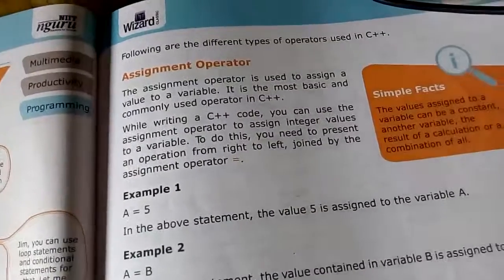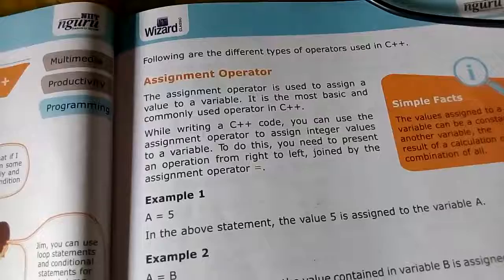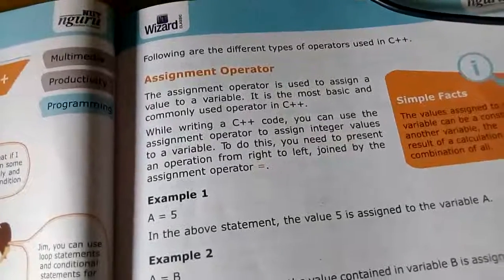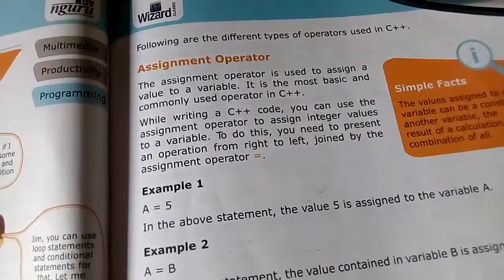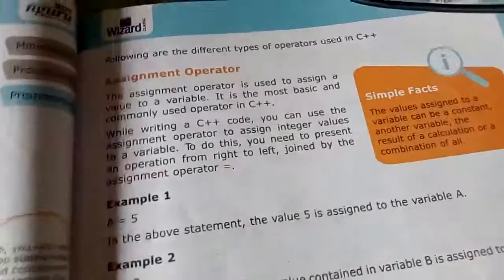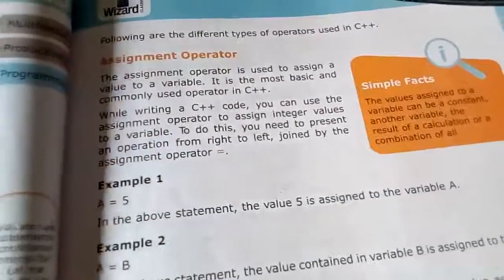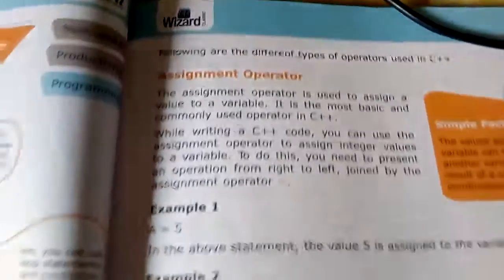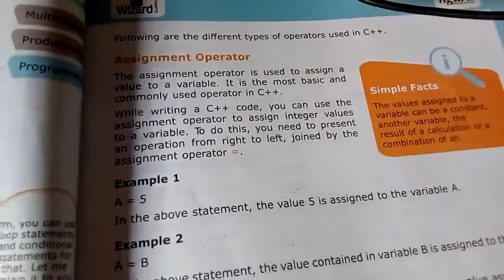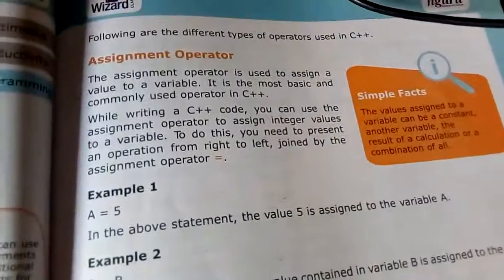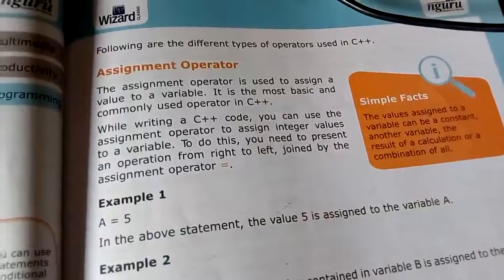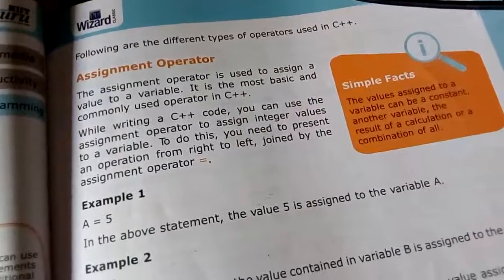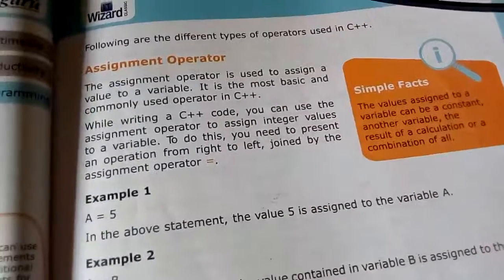So there are different operators like assignment operator, compound assignment operator, logical operator, relational operator. These are the different types of operators. Comma operator, then there are other operators also. Increment operator, decrement operator. All these operators we will see one by one.